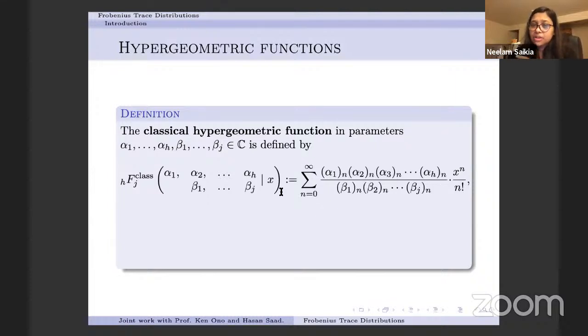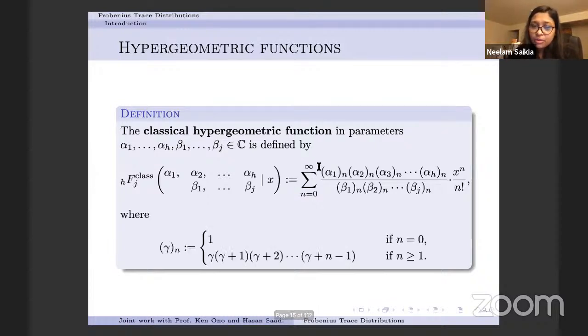This definition was given a long time back by Gauss. The symbols appearing here are known as the rising factorials, and they are defined like this. If the suffix n is 0, then we define this as 1, and if the suffix is greater than or equal to 1, then this is defined as the rising factorial. This hypergeometric function is known as the classical hypergeometric function.